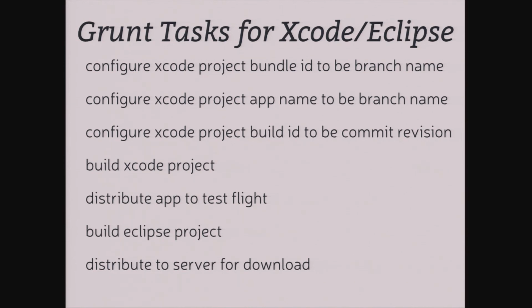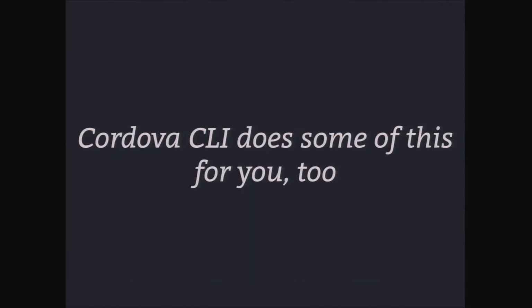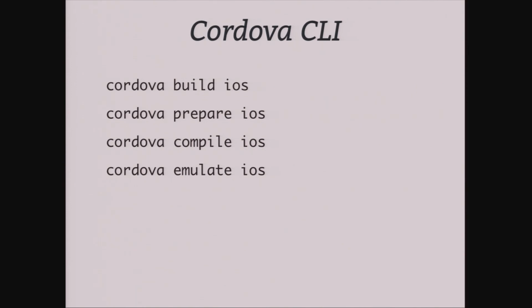Cordova has some command line tools that do some of this for you too. At the time when we were doing this, PhoneGap 3.0 and the CLI didn't exist yet, so we had to do a lot of this on our own using Shenzhen and stuff like that. But the Cordova CLI has all this stuff.